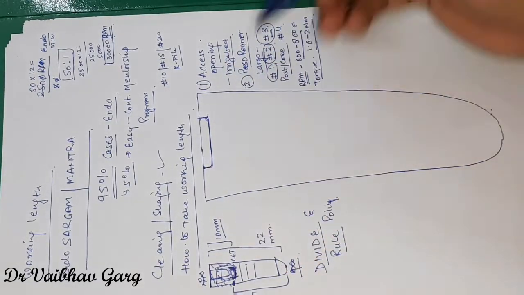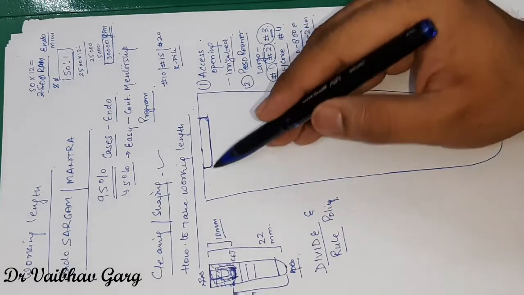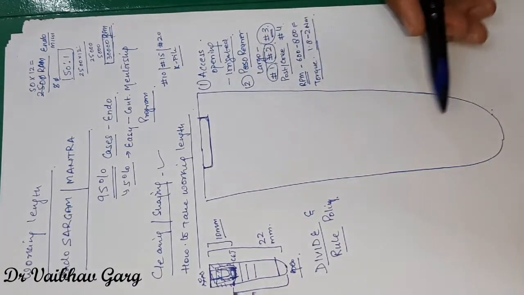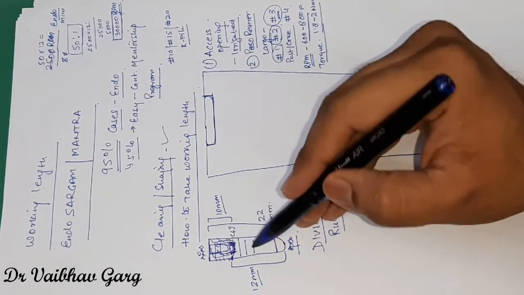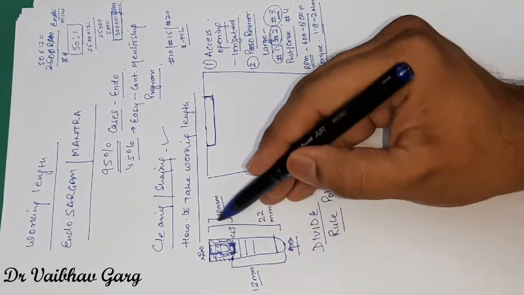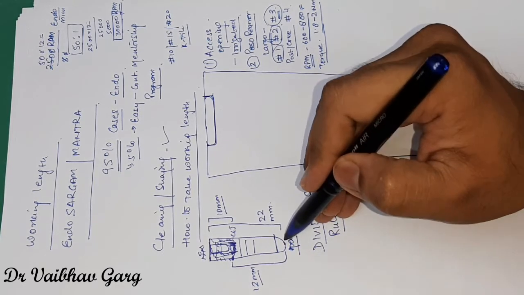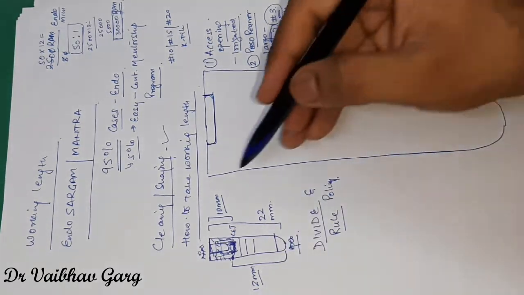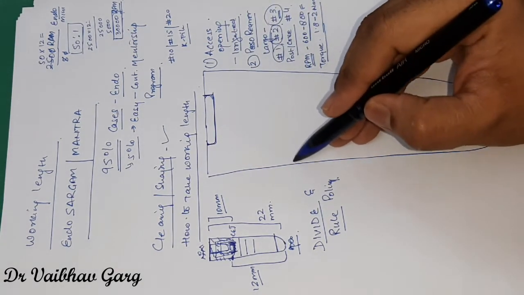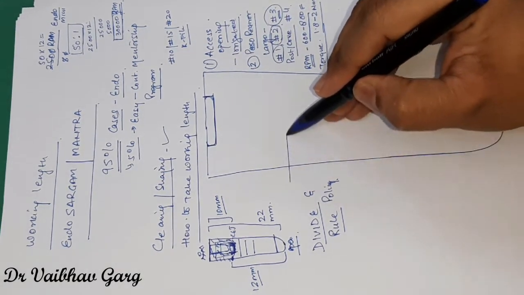So how much a piezo should go? I am dividing the entire canal because let's look again. This was the crown, this was the root, this was the entire tooth length. So 12 mm we have. So the root has to be divided into 3 equal parts.